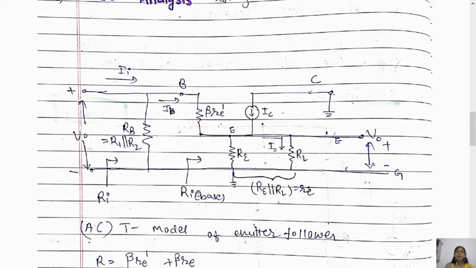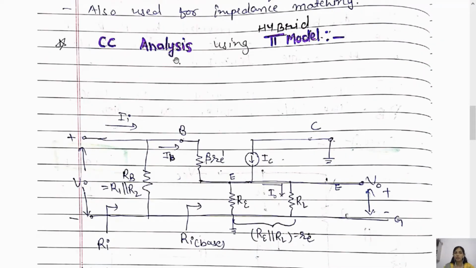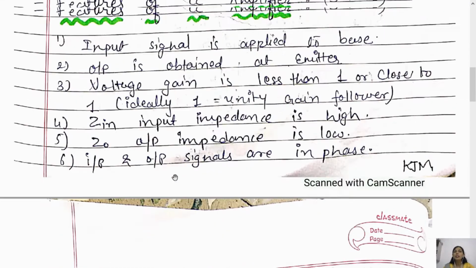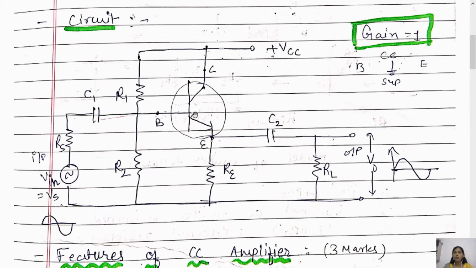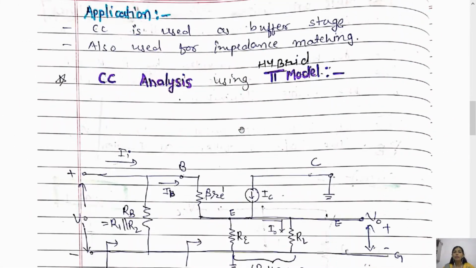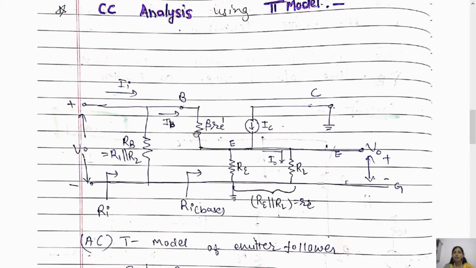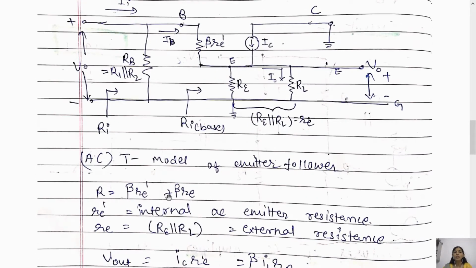So now let's continue with the mathematical analysis of this model. This is the first method to understand how to draw the AC model from the DC model. Okay, the main circuit is this, voltage divider biasing. Then from this you have drawn this AC model, and from this we can write down very basic formulas.